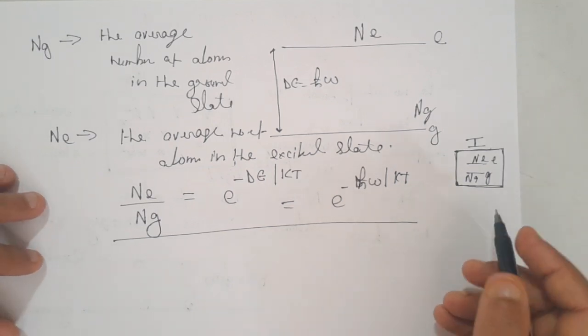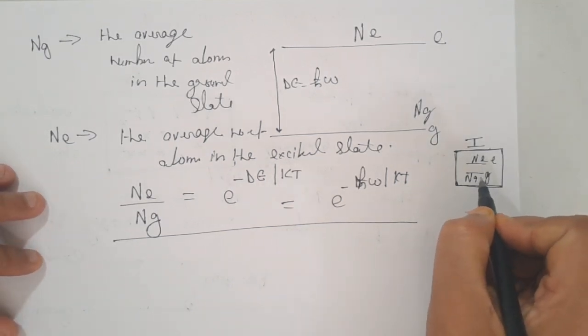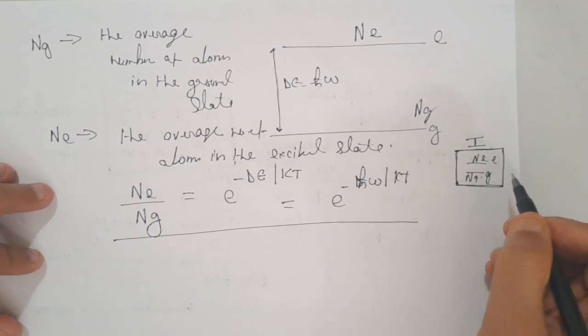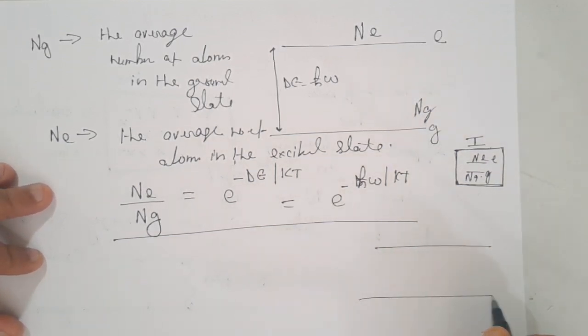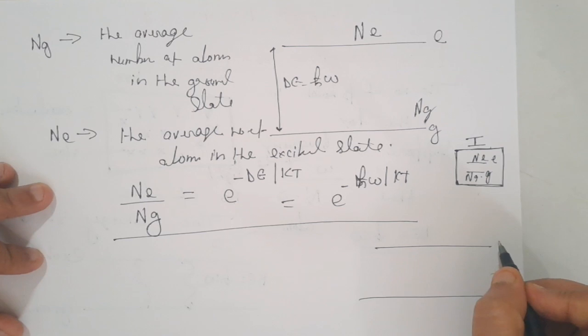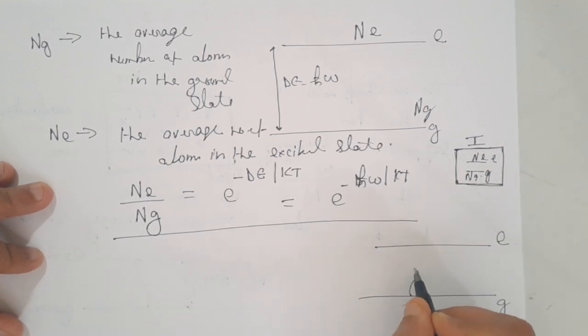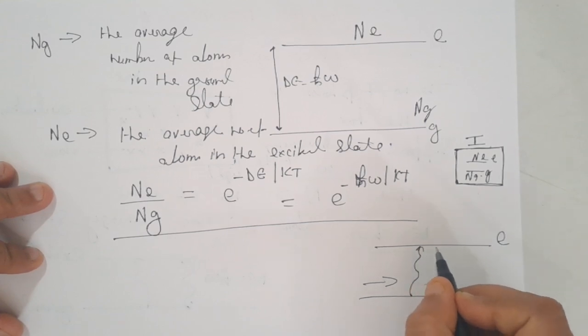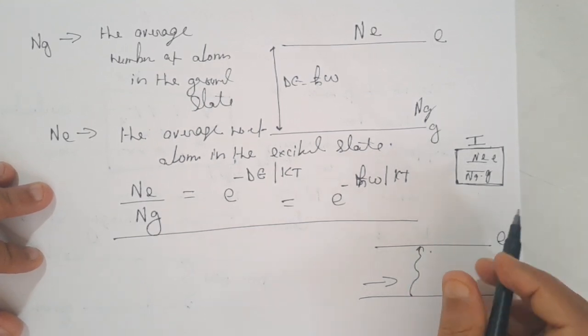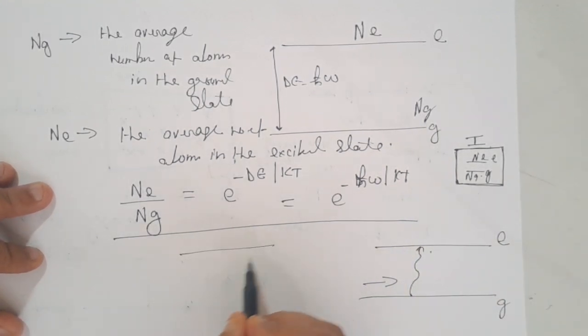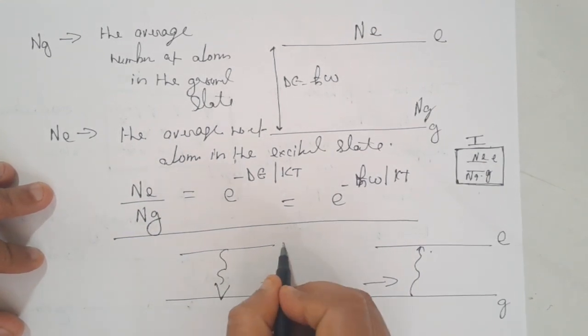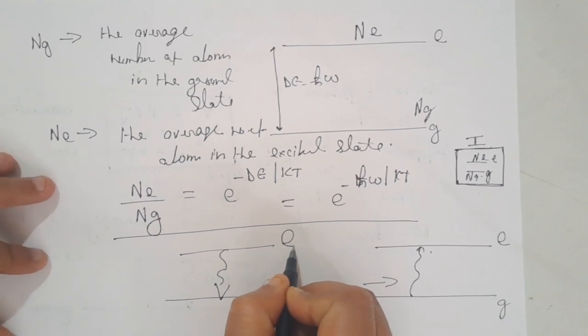Now we know that any atom in the ground state can absorb a photon and go into the excited state, and at the same time an excited atom can release a photon and go into the ground state.